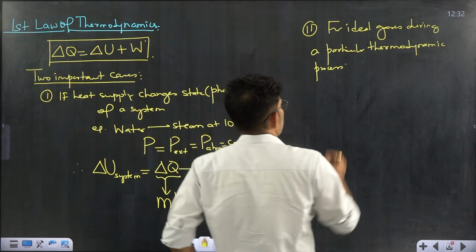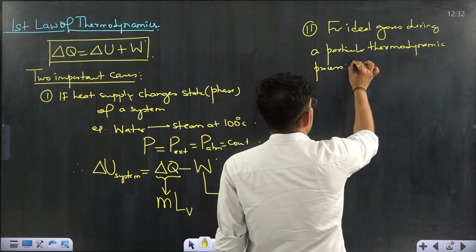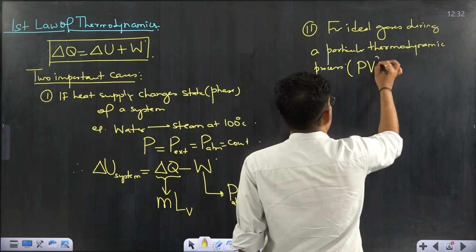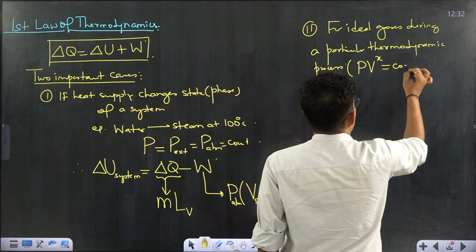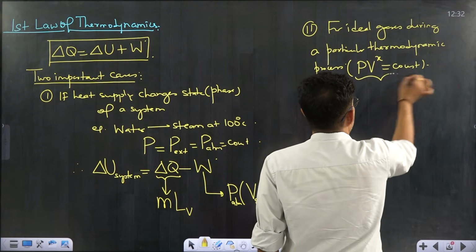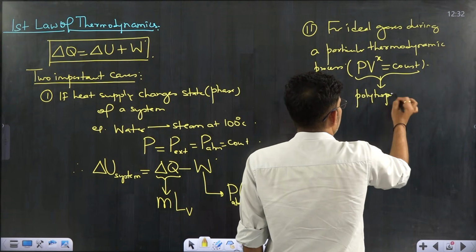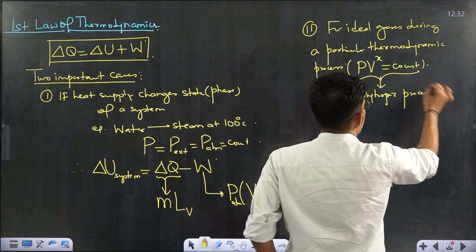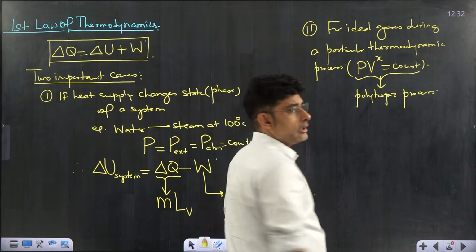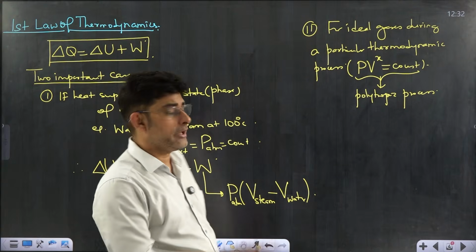So in that process we consider that process, general process, PV to the power x is equal to constant. This process we give a name, we call it a polytropic process, and x is called the polytropic index or polytropic constant.